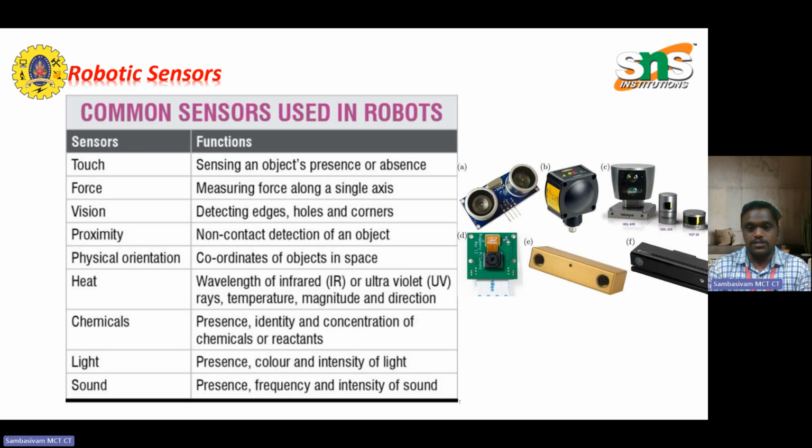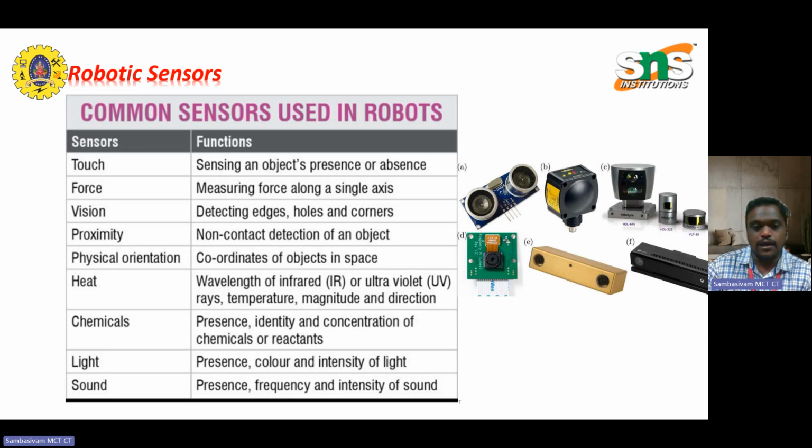Visual sensors are used like human eyes to detect edges, holes, corners, or any obstacles. Similarly, proximity sensors are used to identify obstacles through non-contact detection. Physical orientation sensors identify coordinates of objects in space, and where they are located.